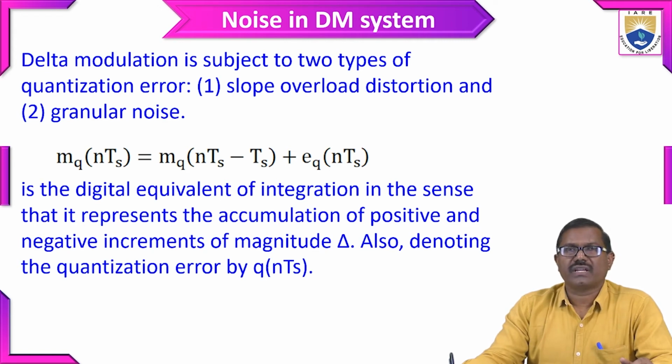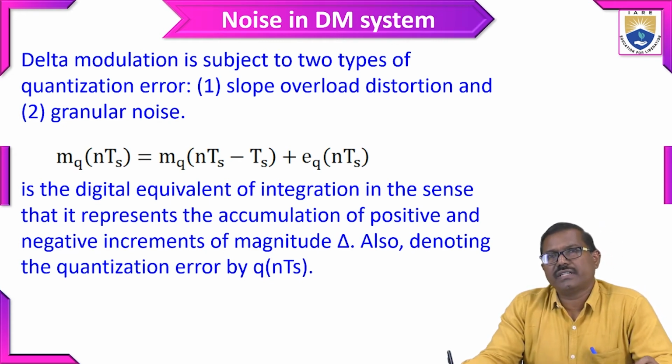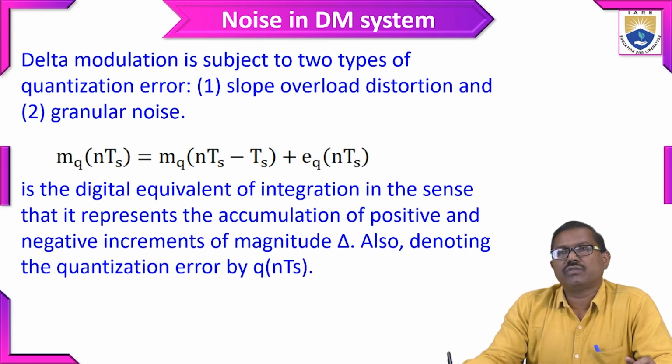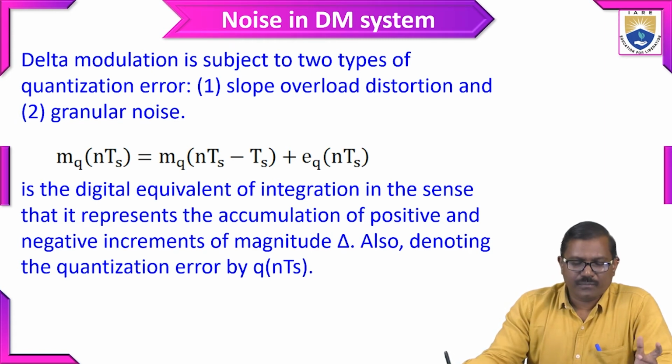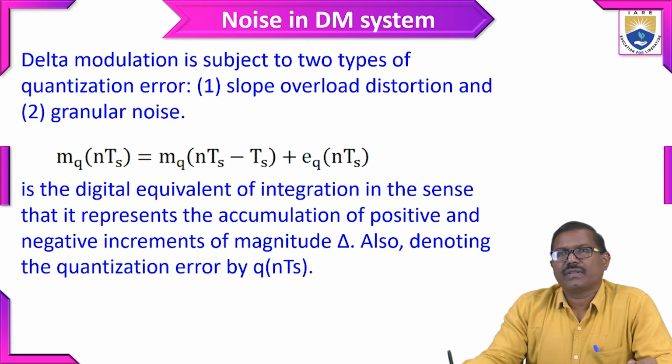Here you can see that mq(nTs) is equal to mq(nTs minus Ts) plus eq(nTs). So mq(nTs) is the digital equivalent of integration, in the sense that it represents the accumulation of positive and negative increments of magnitude delta. Okay.